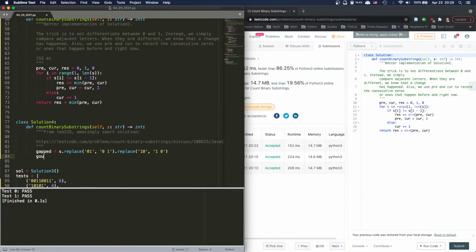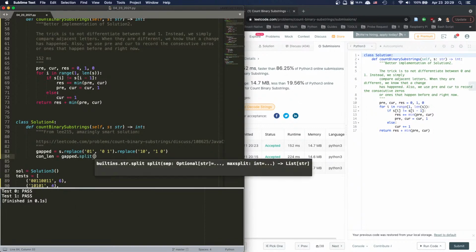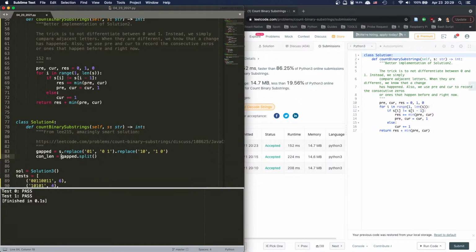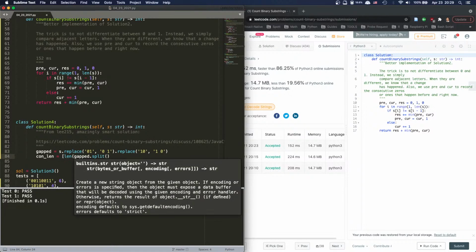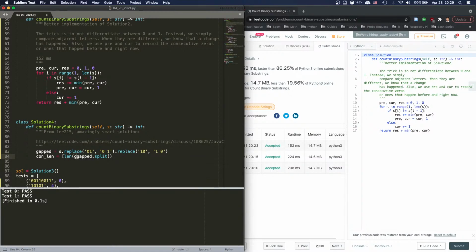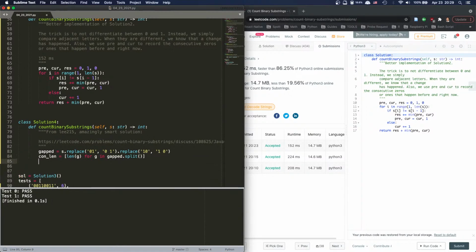So we're going to say group consecutive length, right, equals gap.split. After we split, we're going to say len g for g in this, right? Thus we get this, and finally the result is going to be consecutive. So we're going to zip, right?